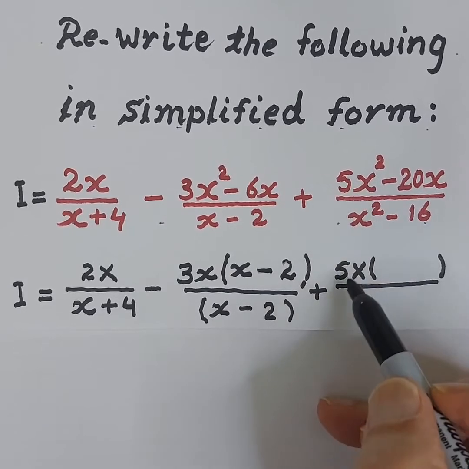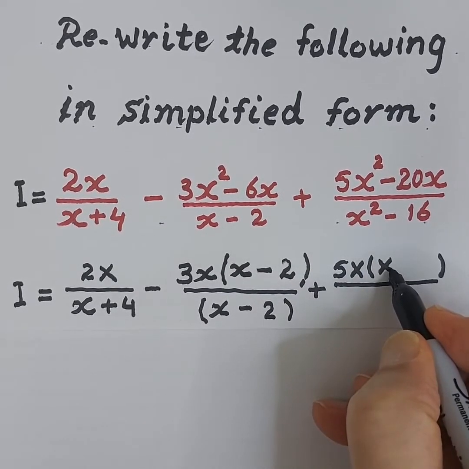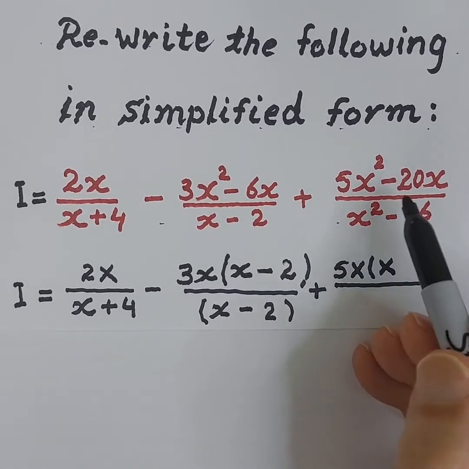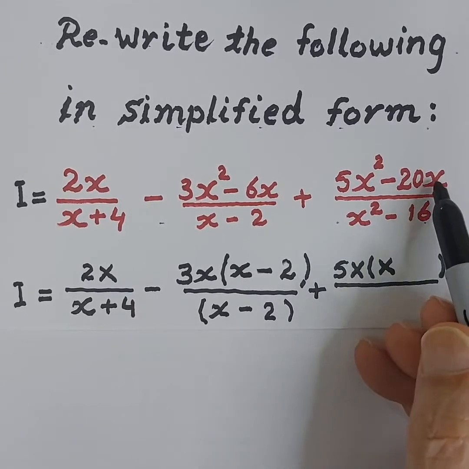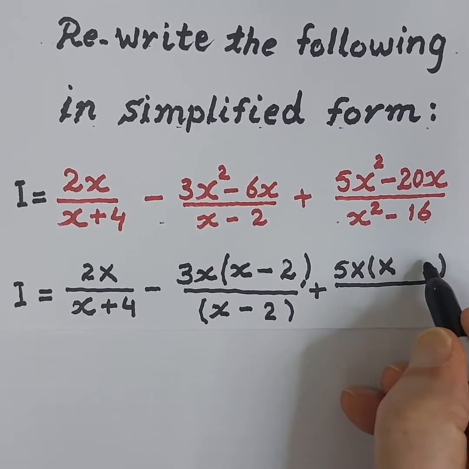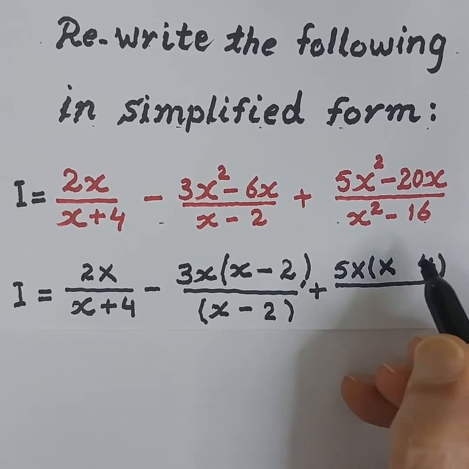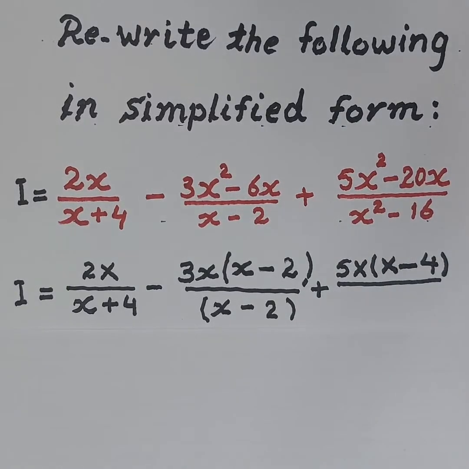Five x squared divided by 5x will give me only x. We write it here. 20x divided by 5x, so x with x gone. 20 over 5, that means 4. And the sign here is the same sign, which was negative.